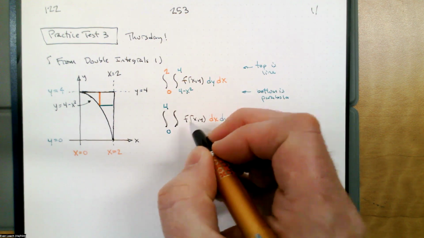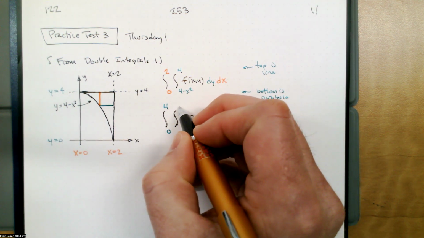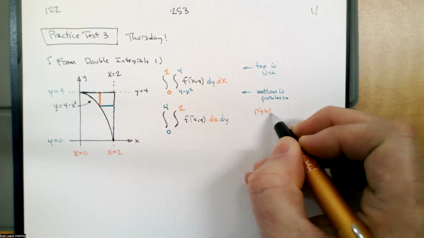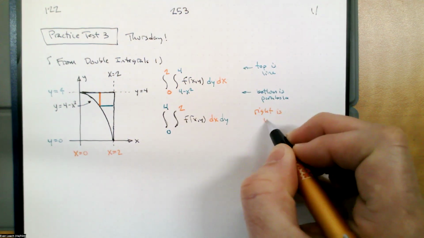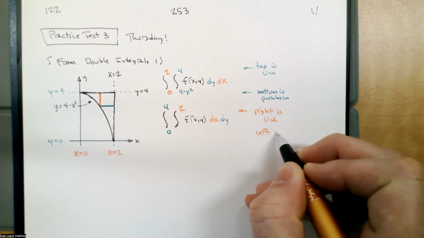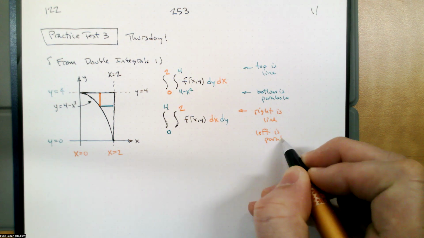So x will start off at the parabola and end at the line. In this case, the right is the line, and the left is the parabola.